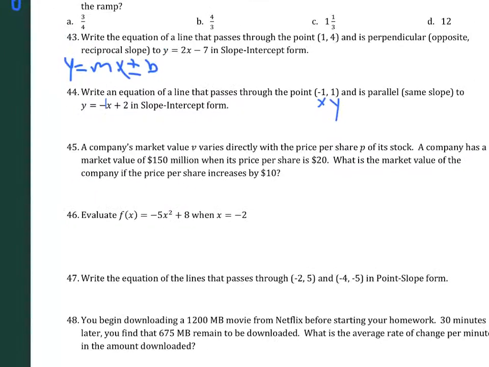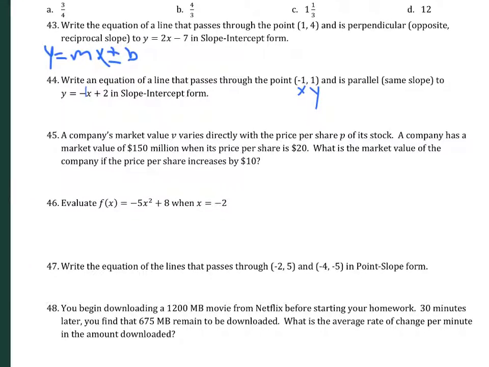Looking at number 45, a company's market value, which is V, varies directly with the price per share, which is P. A company has a market value of 150 million when its price per share is $20. What is the market value of the company if the price per share is $10? Okay, this is direct variation.